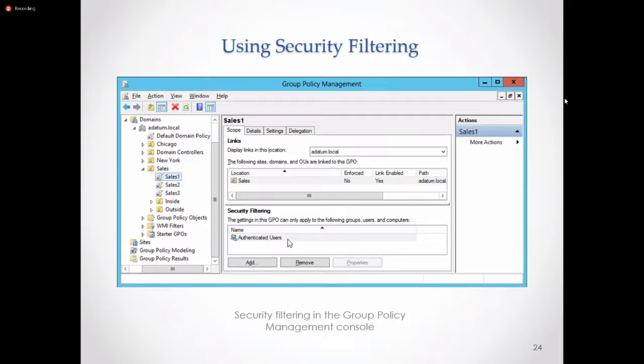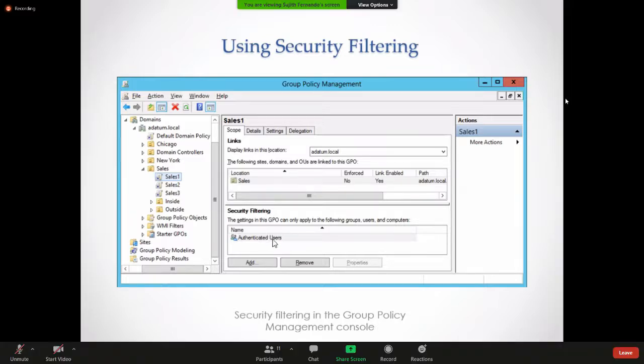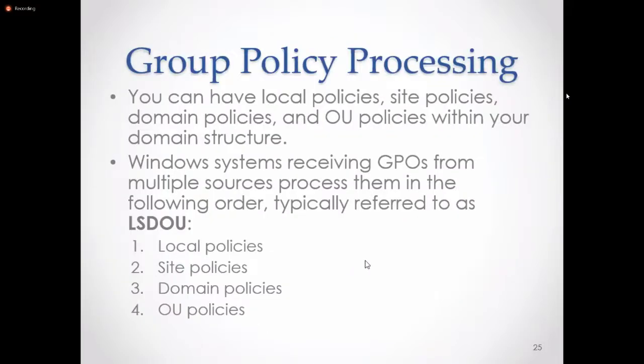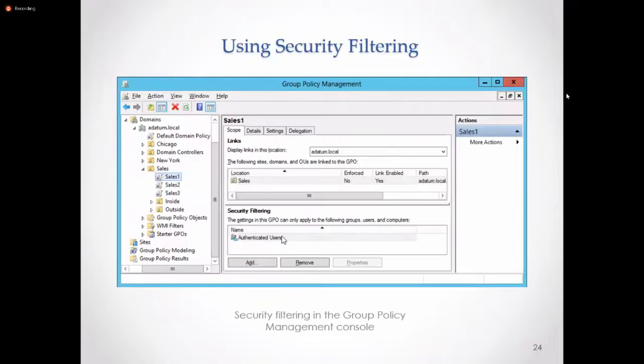You can filter also. Here authenticated users means all the types of users, they will be applied the group policy. If you have separate security groups, you can assign each of the group policies to separate user groups.